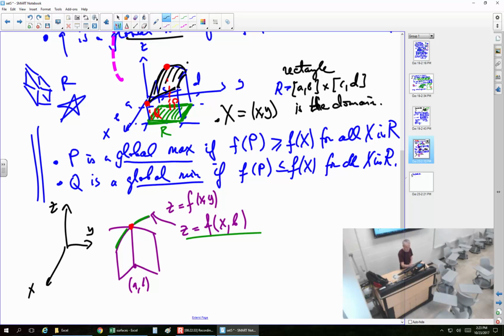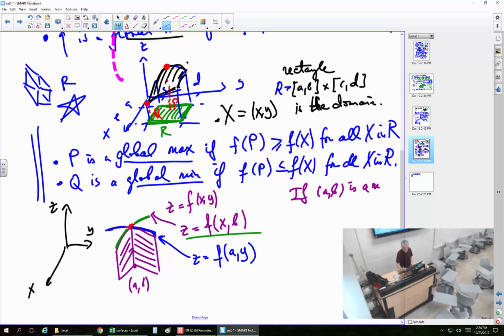And the other one, we cut it this way along the y-axis, and this graph is equal to f of a, y. Once again, a function of one variable. That we already have done previously, and now the point is that if AB is a maximum point of the function of two variables z equal to f of xy, then it is also a max for both of those two functions.